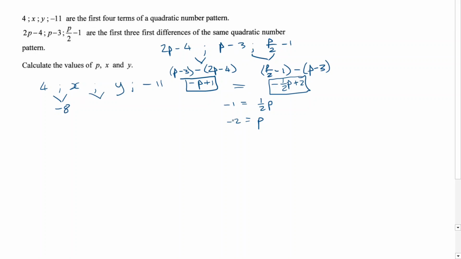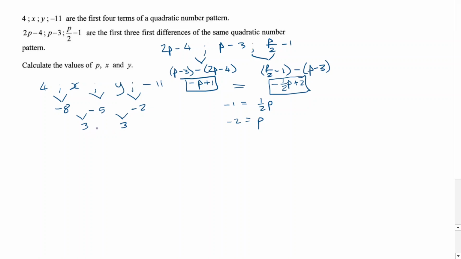If p is minus 2, then minus 2 minus 3 will be minus 5. If p is minus 2, then minus 2 over 2 will be minus 1. Minus another 1 is minus 2. And just for interest's sake, we can see that the second difference was going up by 3.